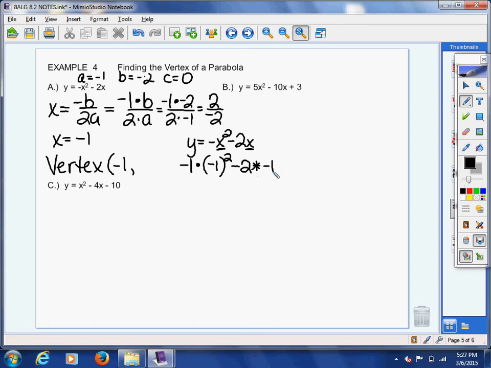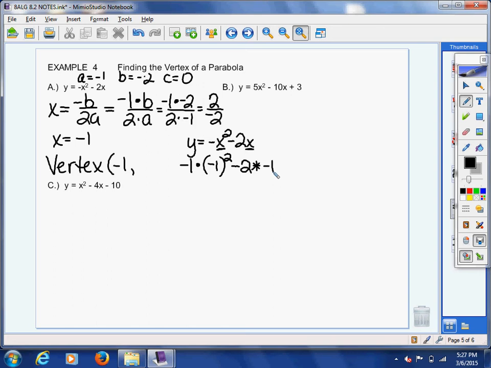I put parentheses around that first negative 1 because I'm squaring that integer, and I want the calculator to know I'm squaring a negative 1. Okay? So you can put it all in just like I have it typed there, and let's see if we can calculate that pretty easily.